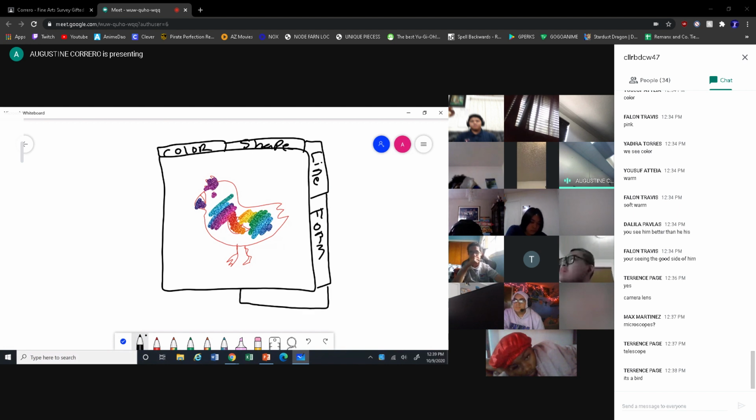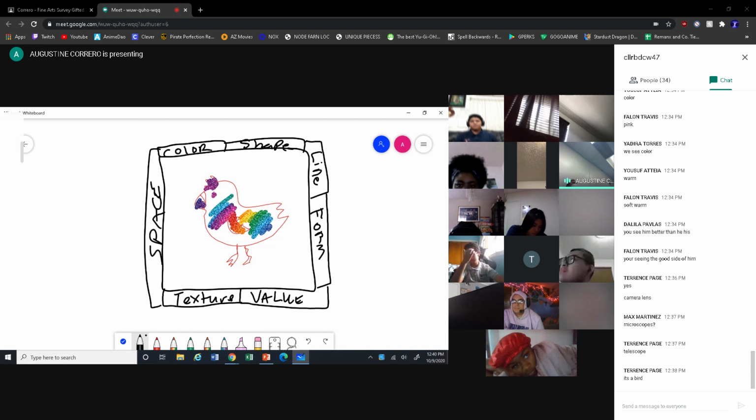I'm going to have value, texture, and what am I missing? What's the last one? Space. Okay. So I've put a lens around this bird.